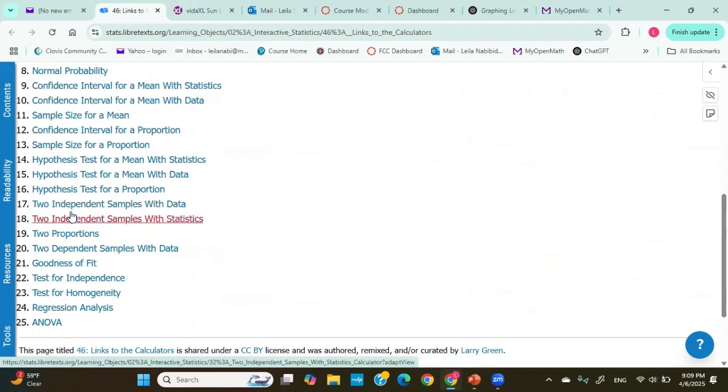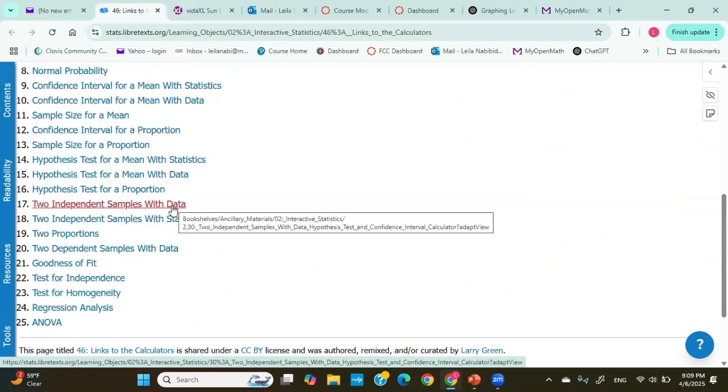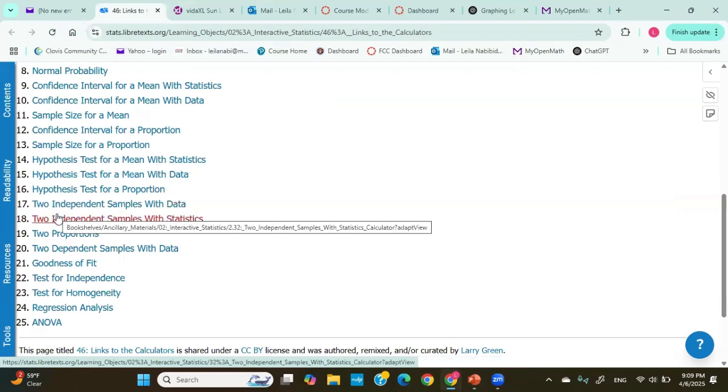We have to use one of these two. If we have all of the data from the samples, I need to use number 17. But if I only have some information about each sample, like the mean and the standard deviation, that means I only have statistics, so I'm going to use number 18.